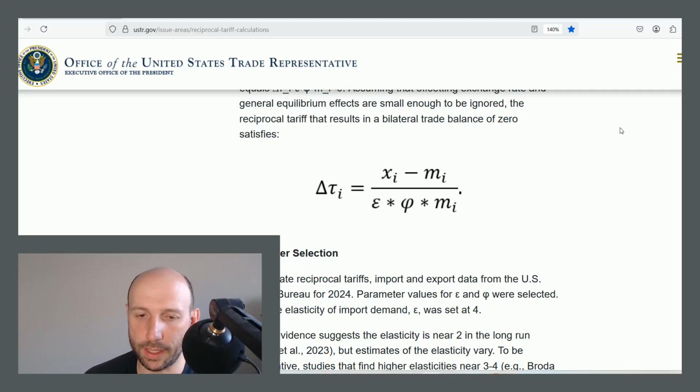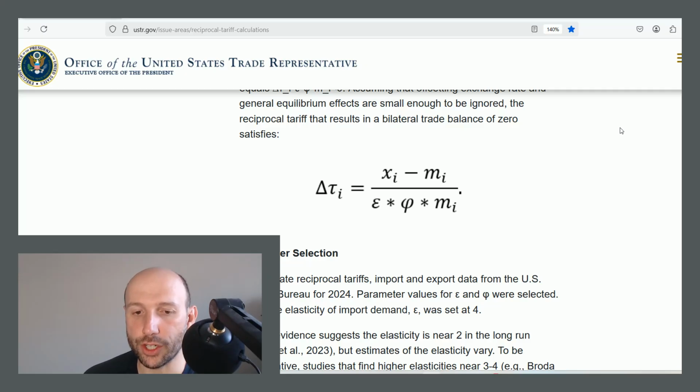I'm going to explain what all of the symbols mean, how the equation works, what it calculates, and finally we'll discuss where this equation even comes from, why this equation and not something else instead. Now, it's important to understand that this equation does not give the tariff rate that was applied to each country.